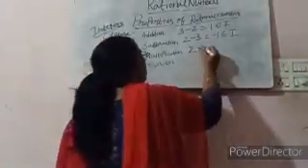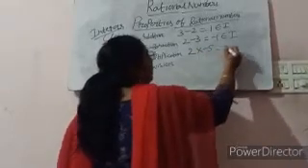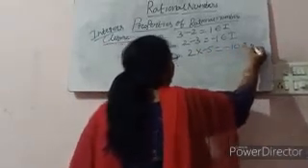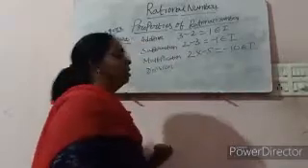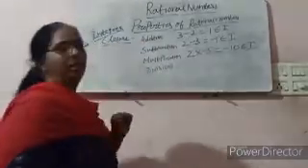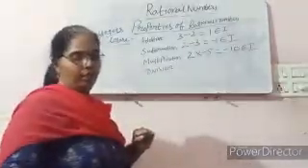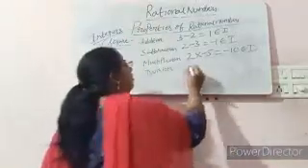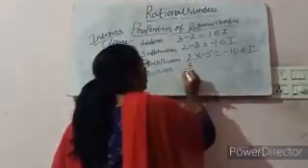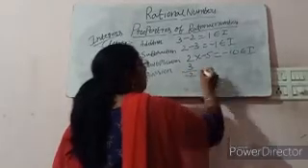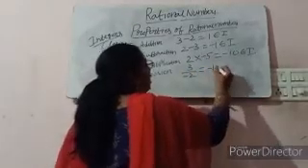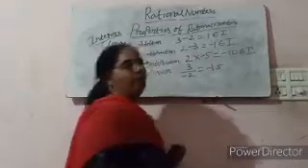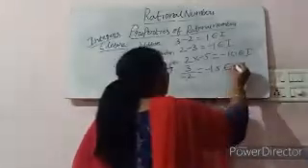Multiplication, 2 into minus 5 is minus 10, which belongs to integers, so multiplication also holds good. Whereas division, 3 by minus 2, the answer is minus 1.5, which is not an integer.